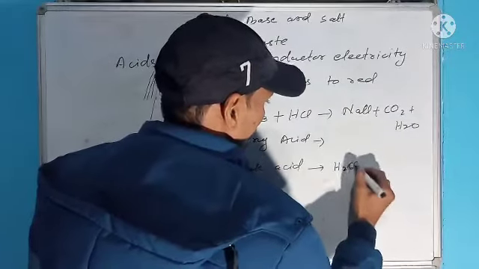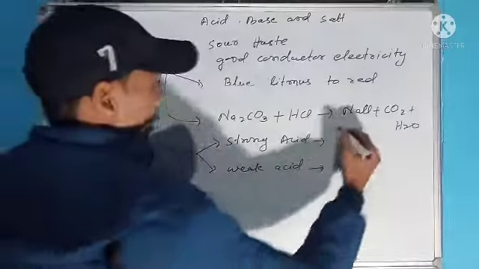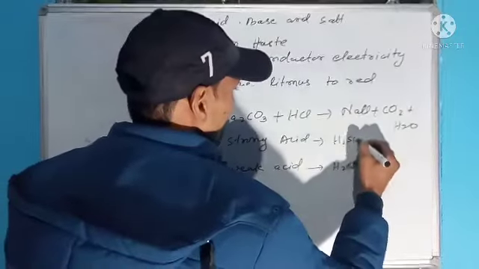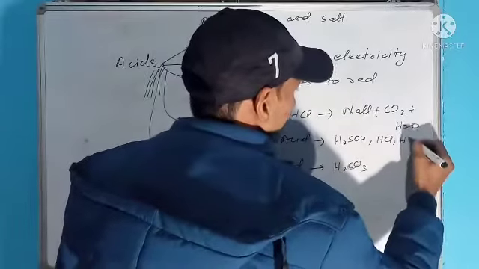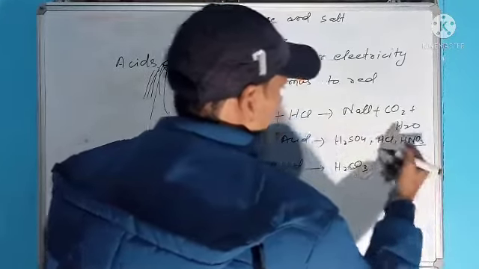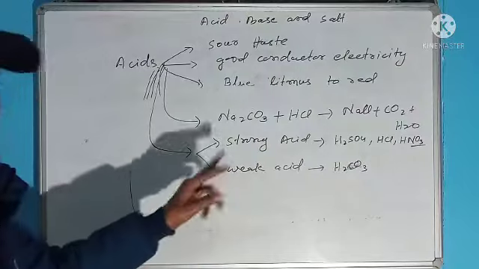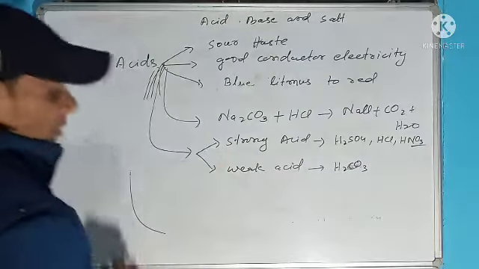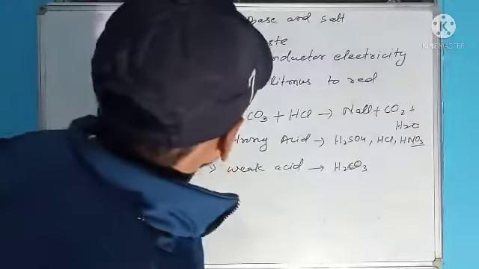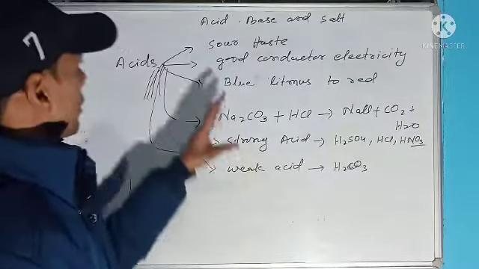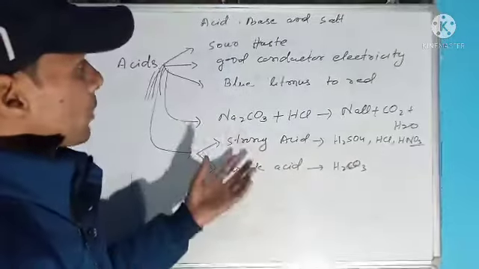H2CO3 is a weak acid, and H2SO4, HCl, HNO3 are strong acids. So guys, you understand what is acid and what are the properties of acid.